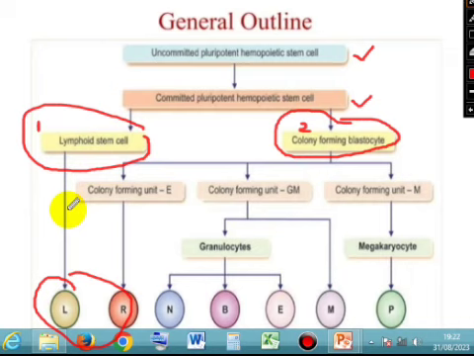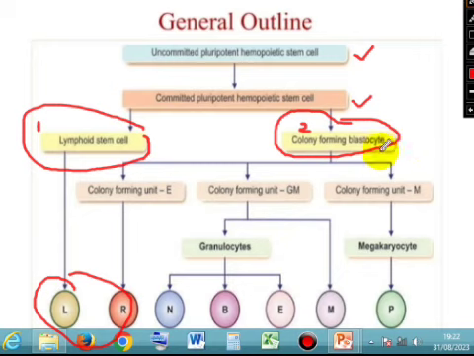Let's begin with the first one, lymphoid stem cell. The lymphoid stem cell differentiates into lymphocytes. All right?